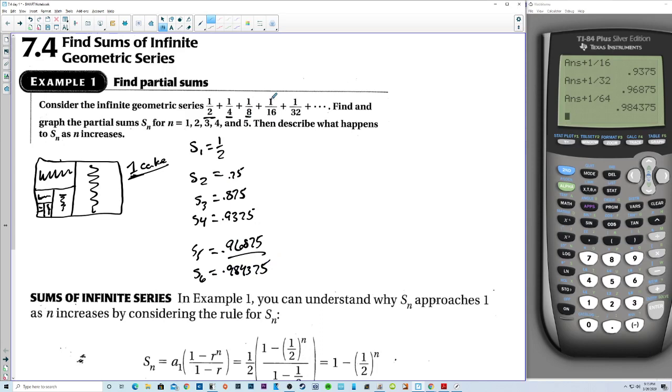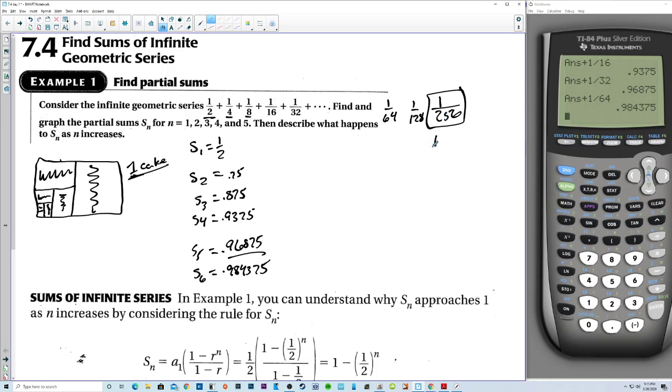Now, the whole point of this, the reason that you can add an infinite amount of terms and never get over a value is because we add less and less and less. You start to add something really close to 0. So if you add 1/64, 1/128, 1/256, that's already pretty small. Imagine cutting a cake into 256 pieces and serving 1 piece. That's pretty small.